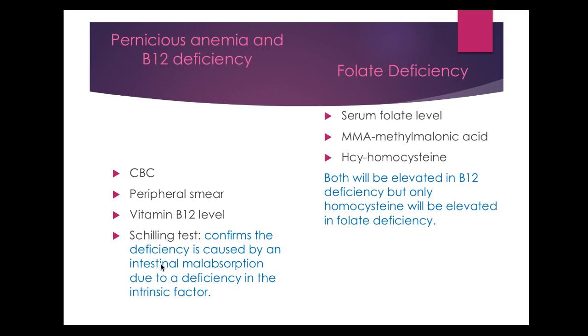A Schilling test is something to determine if you have that intrinsic factor or not. So are you able to absorb the B12 vitamins in your GI tract or not? Because that protein is what you need to absorb that B12. That's usually done in an outpatient setting, but just so you know, that's the difference. How are you going to treat it?